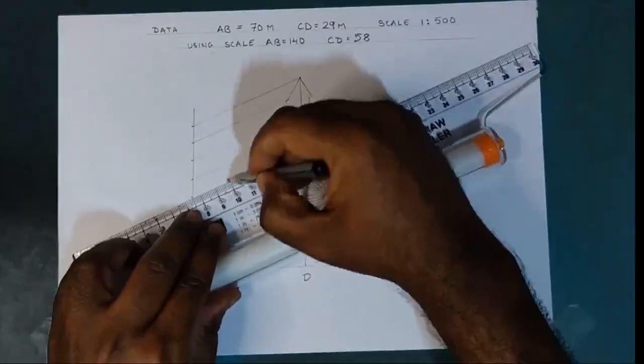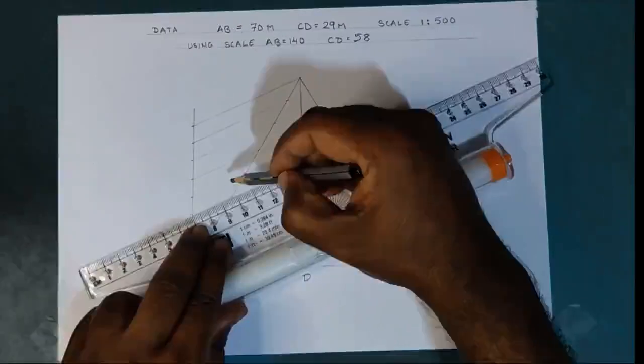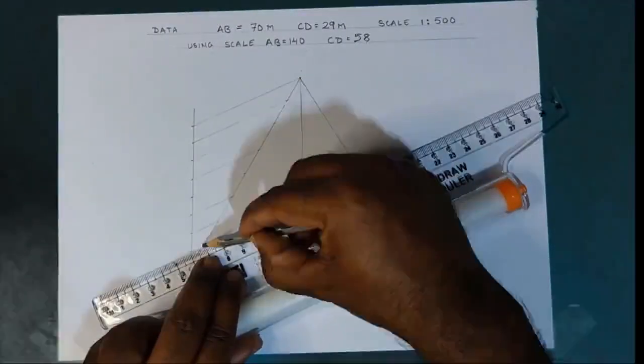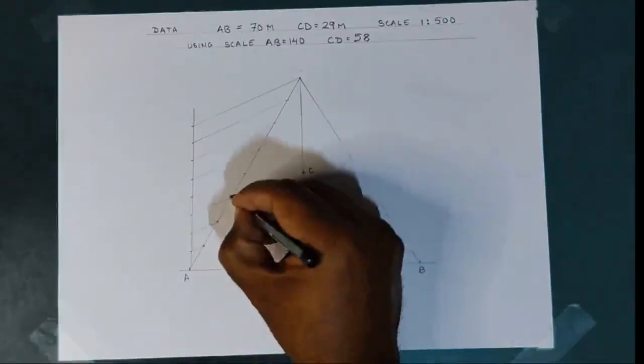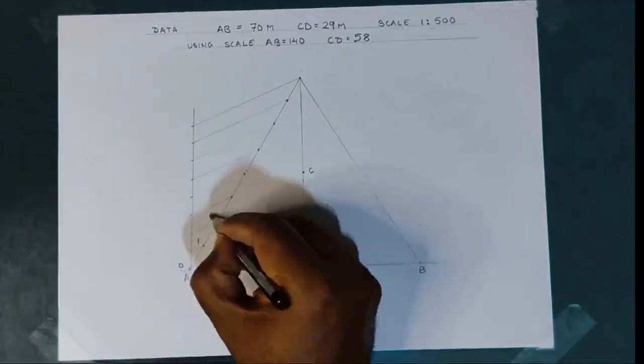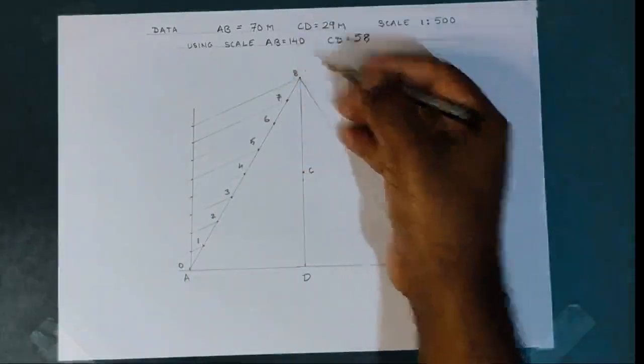So my sides of isosceles triangle are then by construction divided into 8 equal parts. So I name it with proper names starting from base 1, 0, 1, 2, 3, 4, 5, 6, 7, 8.